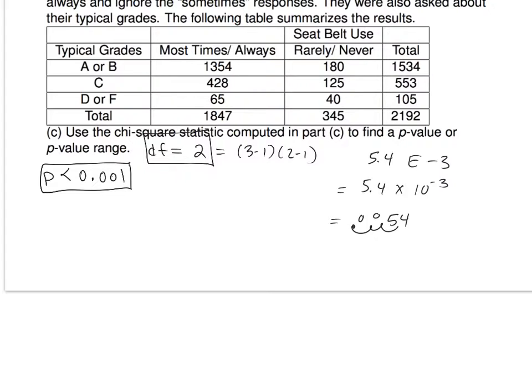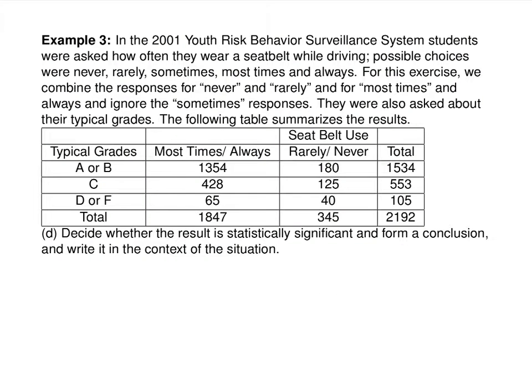Okay, so since your p-value is effectively 0, that means that H naught is definitely out the window, right? Since p is less than 0.001, that means p is less than 0.05 as well, right?